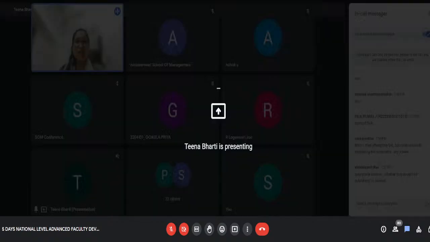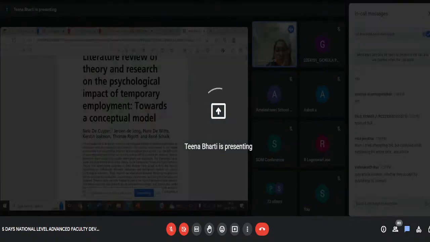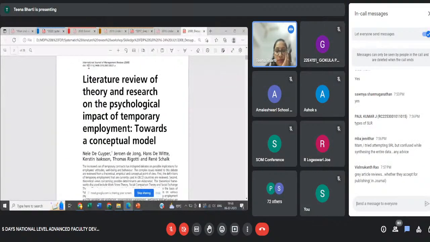This was an article published in 2008. And there was another question related to grey literature also.